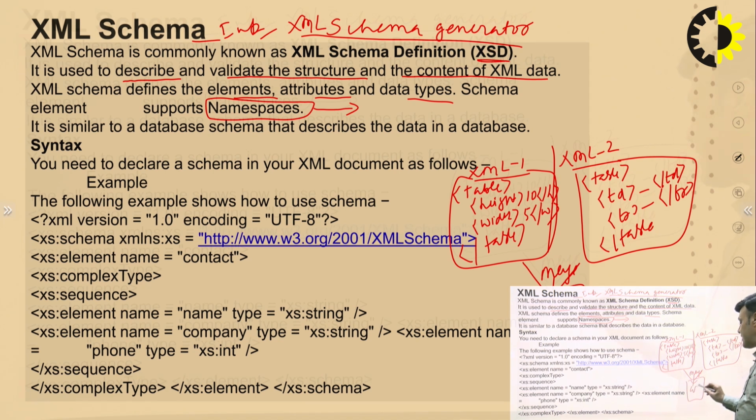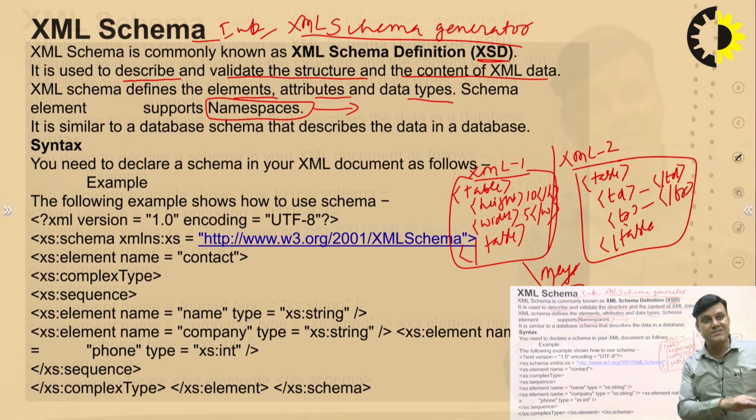Why? Because we are using the same tag, table. If I write these two codes in one file, it will generate an error, because the parser will not be able to understand in what respect I am using the table.